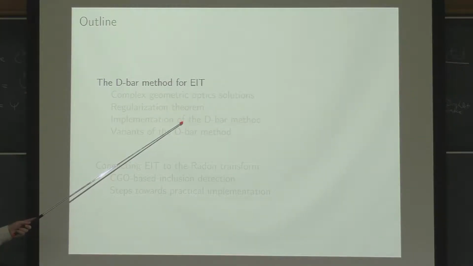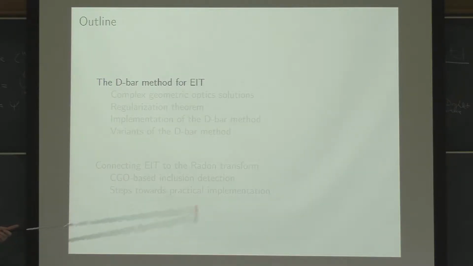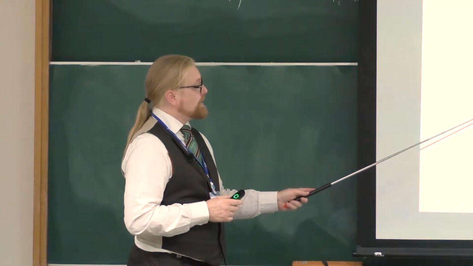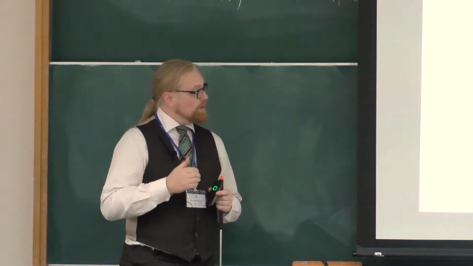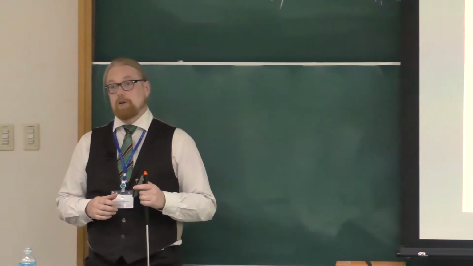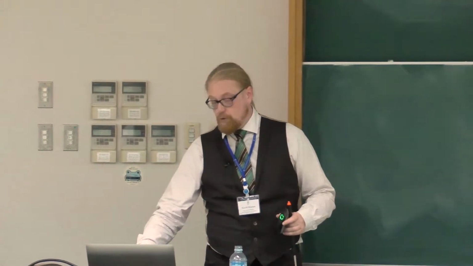Then I will talk about how to numerically implement the D-bar method to get images, and then I'll describe a little bit what has happened in the research of this topic in recent years. And then this part is really for seeing the wavefront set of the conductivity from the measurements.